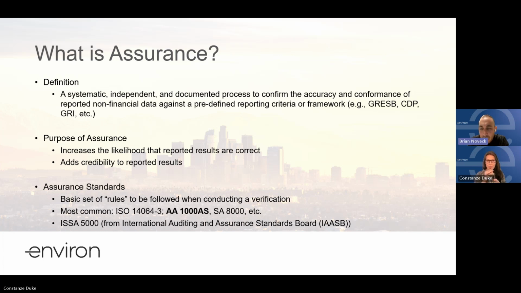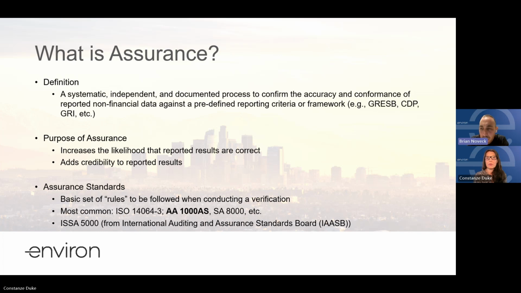So, purely from a definition standpoint, assurance is a systematic, independent, and documented process to confirm the accuracy and conformance of reported non-financial data against a predefined reporting criteria or framework.